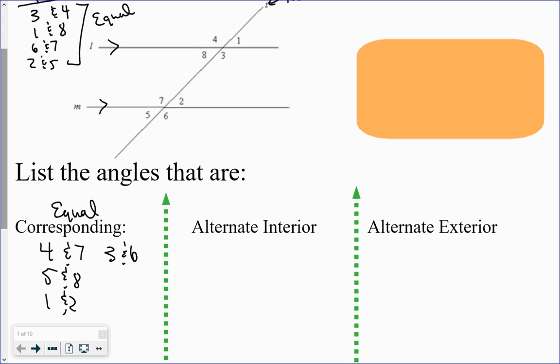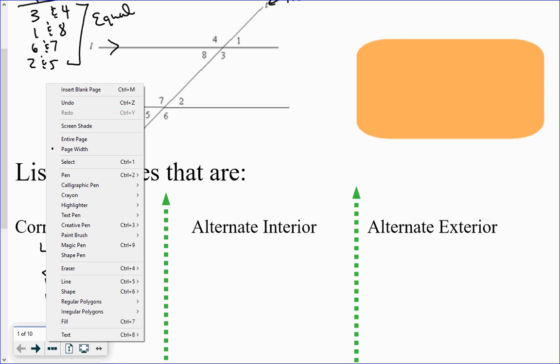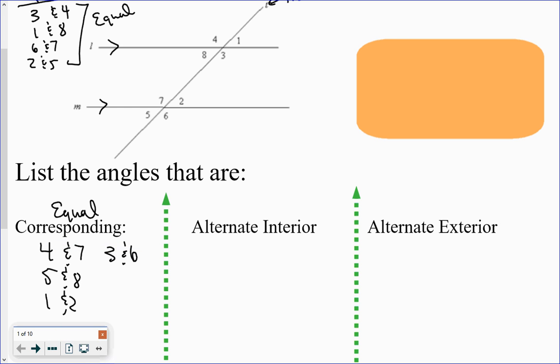Okay, the next one we have is alternate interior. So first off, the interior angles are the angles that appear on the inside of the transversal. So the alternate interiors are 7, 2, 8, and 3. Those are the 4 interior angles. Now, again, these ones are equal to each other. What's different is with corresponding angles, they both have to be on the left or they both have to be on the right.